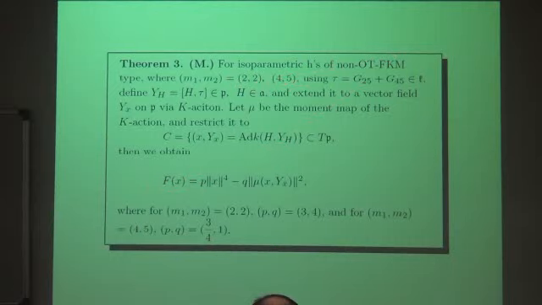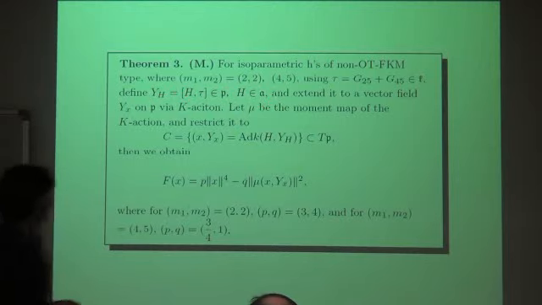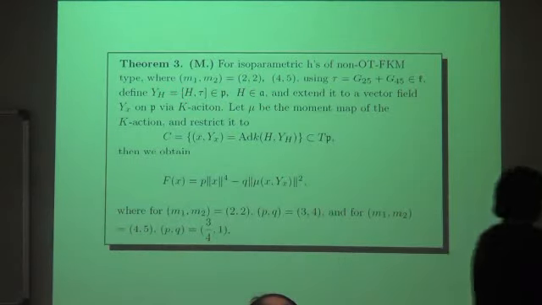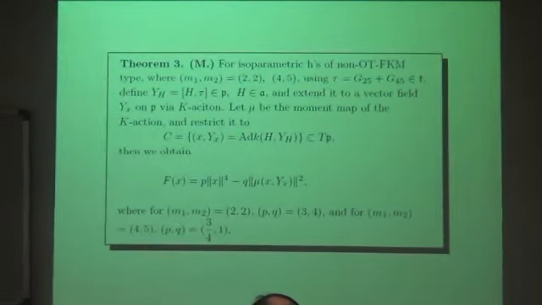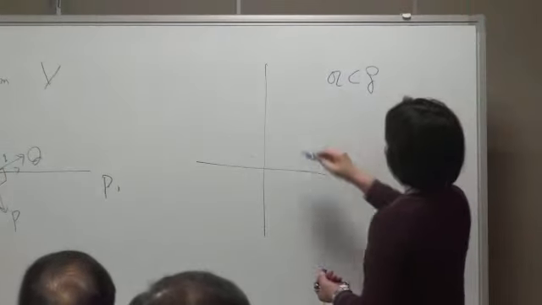So, using this element of K, we define a tangent vector at H, where H belongs to A. So we are considering a rank 2 symmetric space, so we have a two-dimensional abelian algebra here.